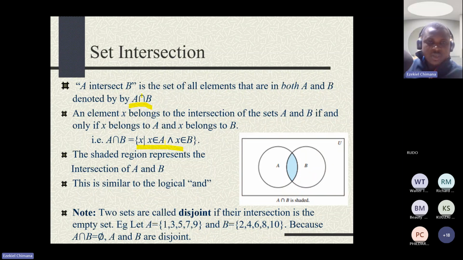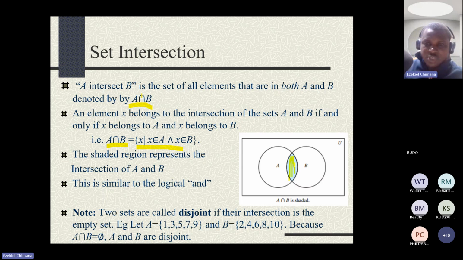So in other words, X must be an element of A and X must be an element of B. If you have X in A ∩ B, it means that X is an element of A and at the same time is also an element of B. It's a must. So it falls under this region.